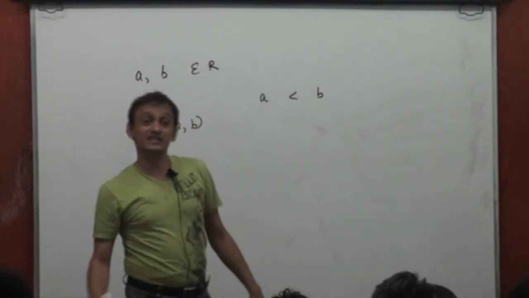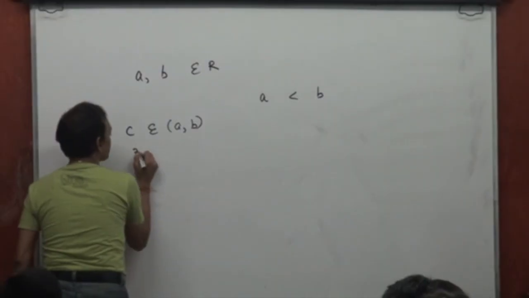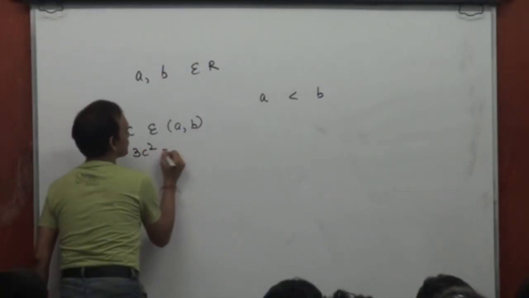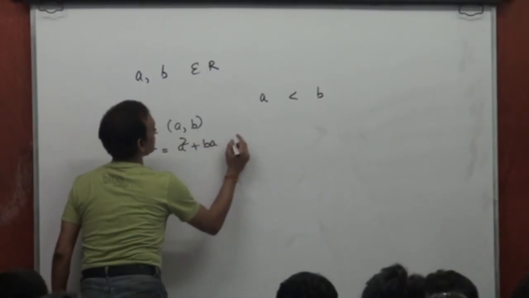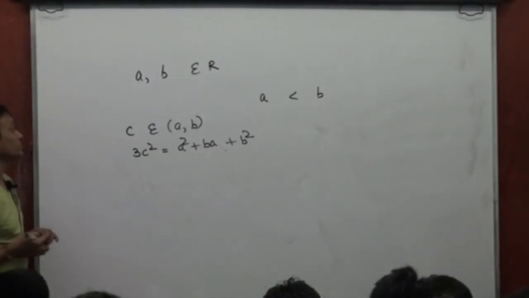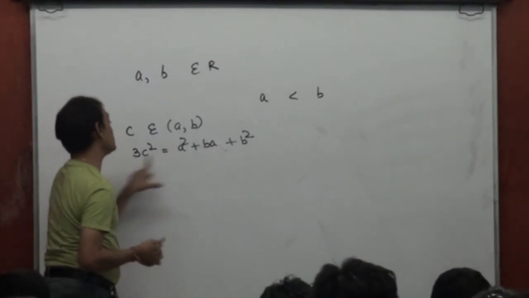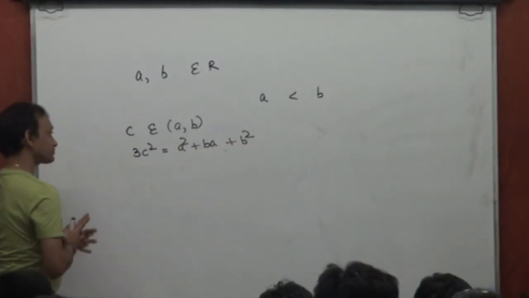Then I claim that there must exist a C belonging to A to B such that 3C squared is A squared plus AB plus B squared.